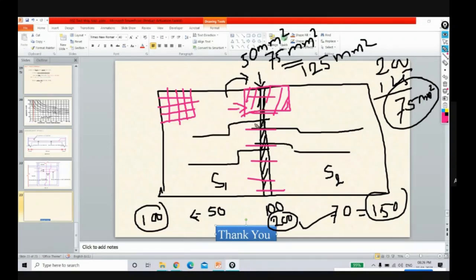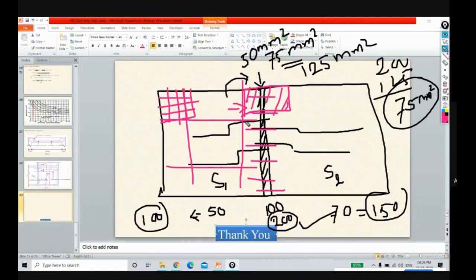Generally we are providing the bent up bar in all the span, not distributing the span as a middle strip and edge strip. Whatever torsion reinforcement is required, we are providing only in the edge strip, not in the middle strip.